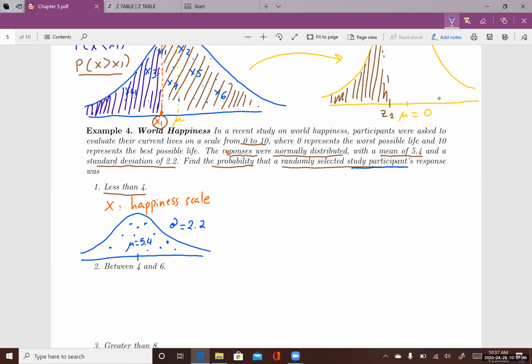So where is 4? 4 is less than the mean, so it should be on the left of the mean of the distribution. X is 4, it should be here. And then you're finding the probability to the left of 4, because you're finding the probability that a random response is less than 4. So you're finding this area right here.